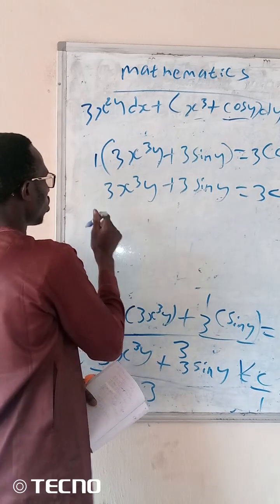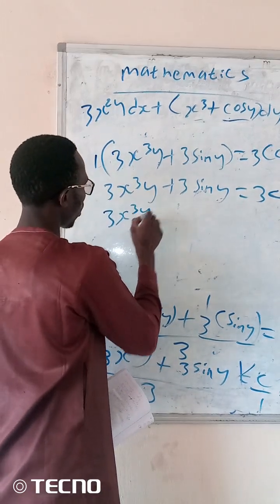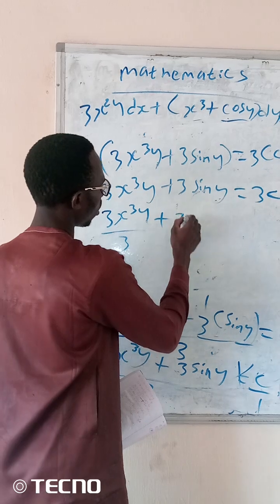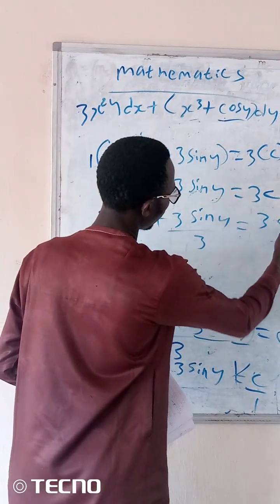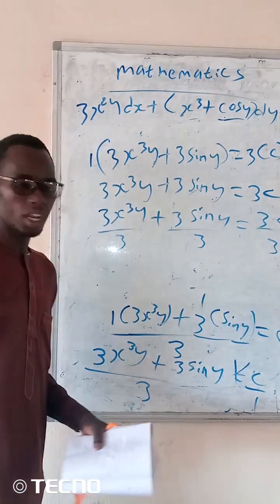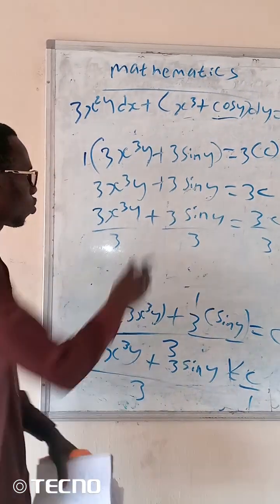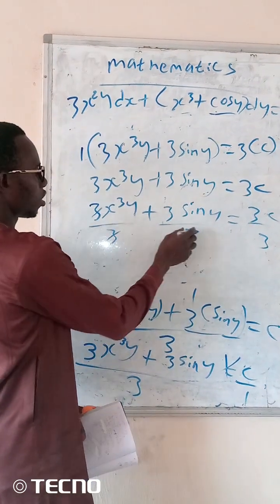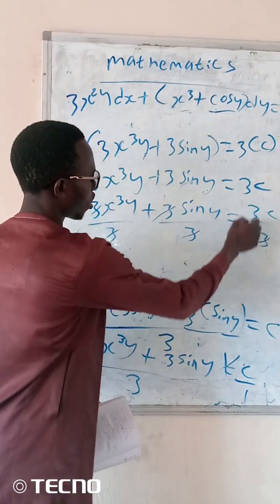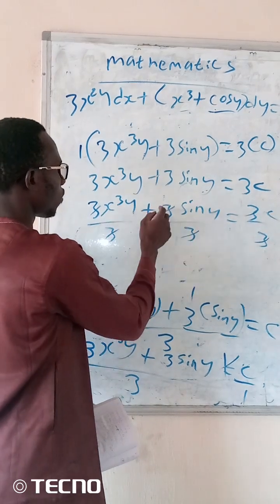So we have 3x²y divided by 3 plus 3 sin y divided by 3 equals 3c divided by 3. 3 will cancel 3, 3 will cancel 3, and 3 will cancel 3.